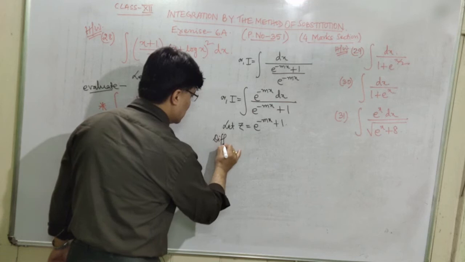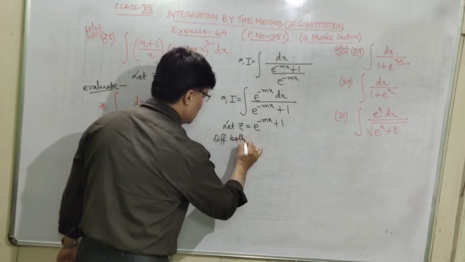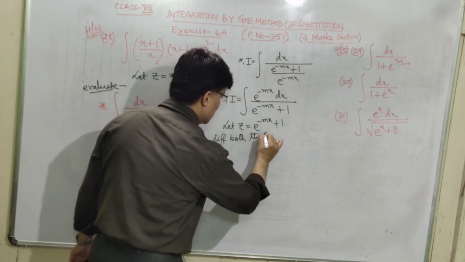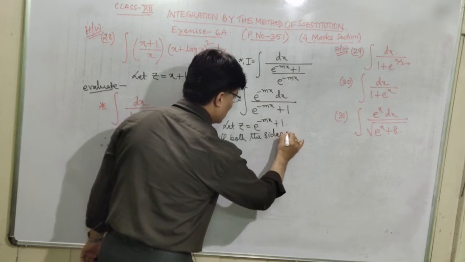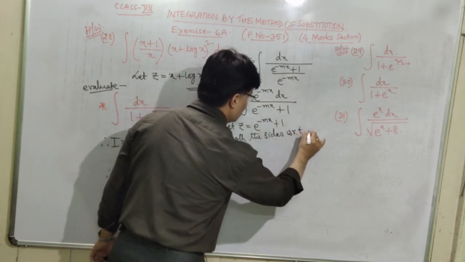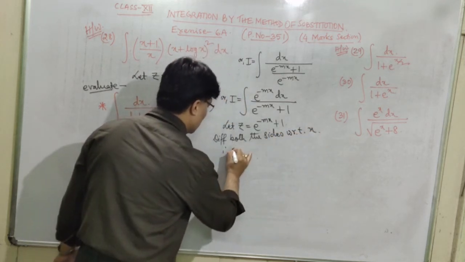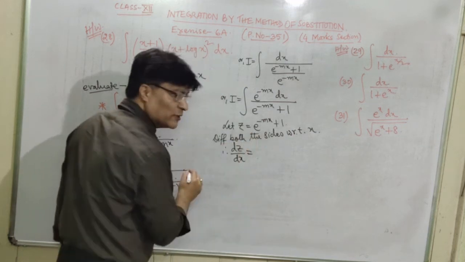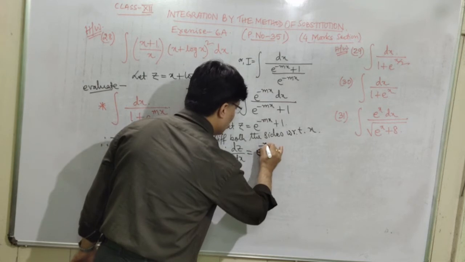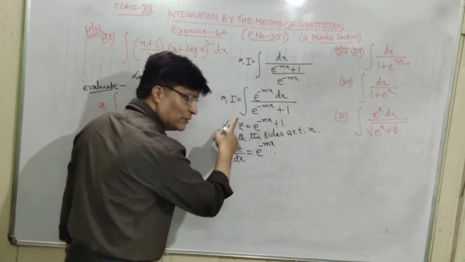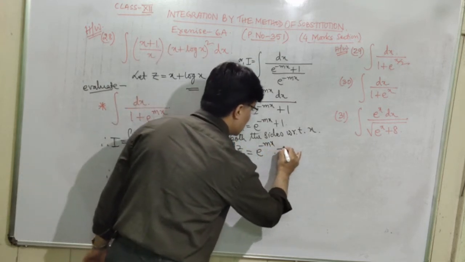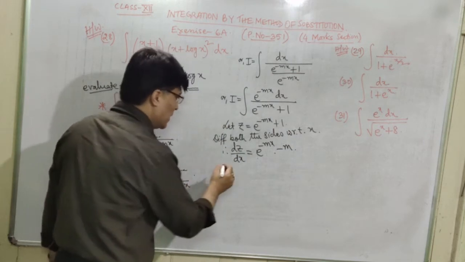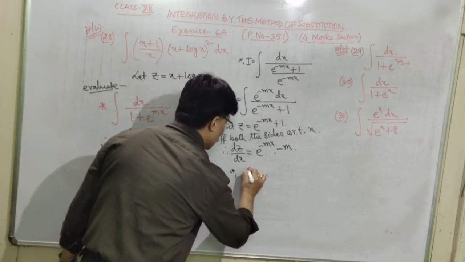So let us write here, differentiating both the sides with respect to x. Therefore dz by dx is equal to, what is this differentiation? E to the power minus mx into, again differentiate minus mx with respect to x, it is minus m. Okay, so now cross multiply it.